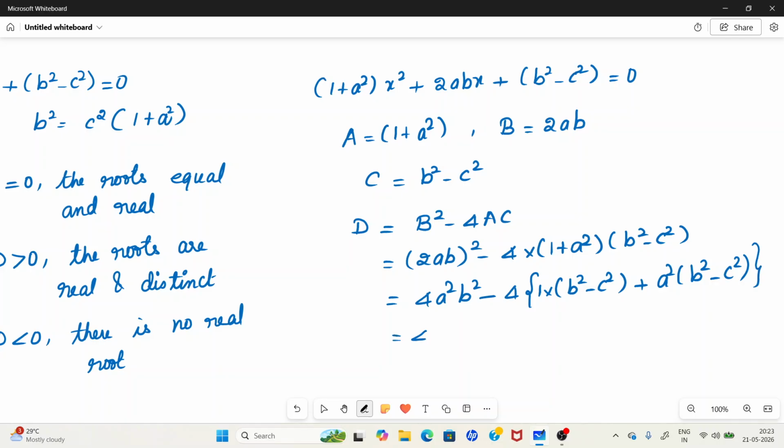Here we are taking this 4 outside the bracket. We will get a²b² − (b² − c² + a²b² − a²c²).